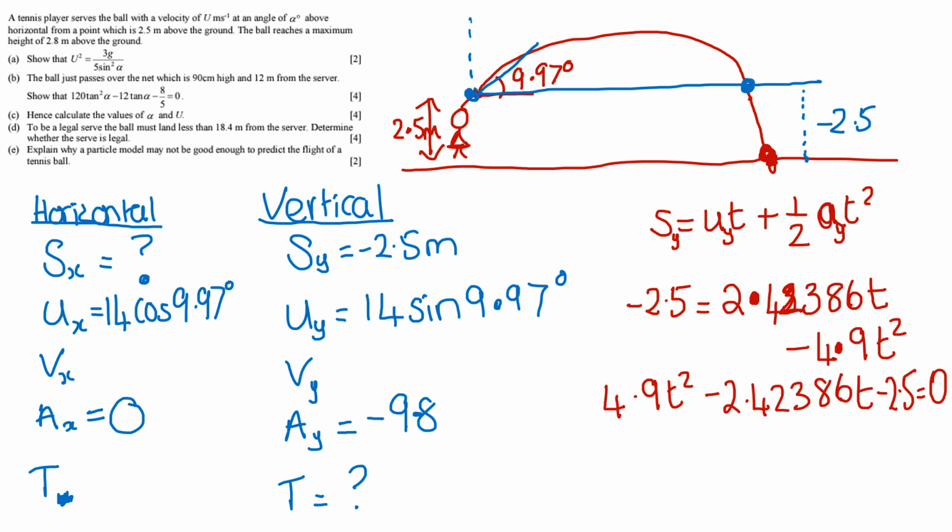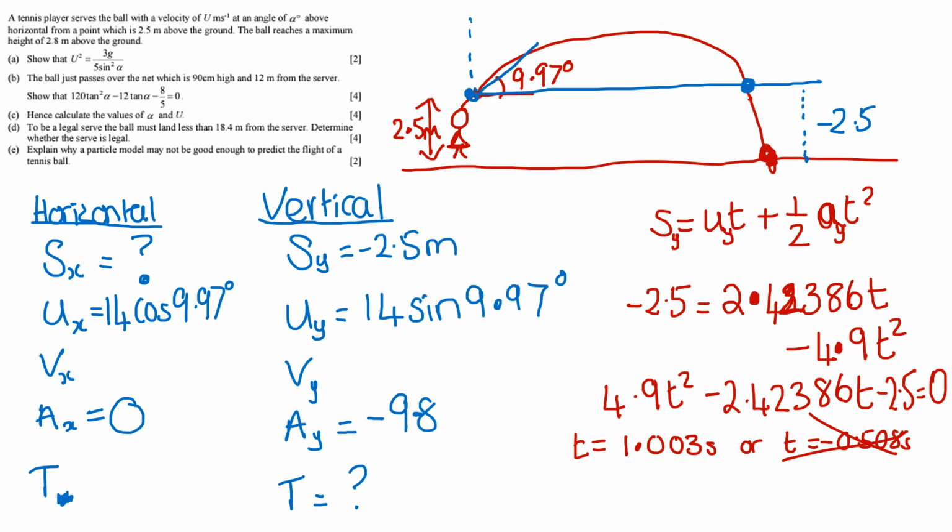Right, so put in 4.9 minus 2 thingy and that's giving me t equals 1.003 or t equals minus 0.508 seconds. Well, it's not going to be a negative time, so we can ignore that.